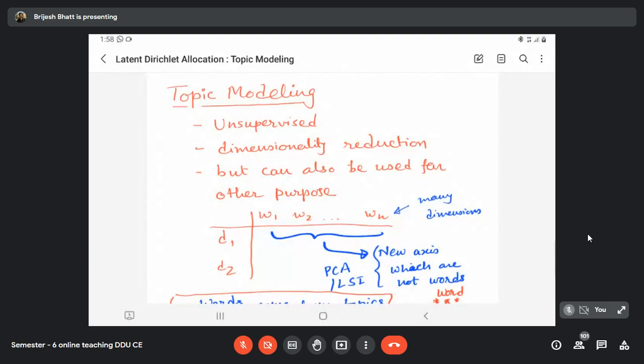I hope you remember all this, that principal component analysis and latent semantic indexing both work on the idea of eigenvalues and eigenvectors. Principal component analysis works with the n cross n covariance matrix, and it finds the principal components or eigenvectors from this covariance matrix.